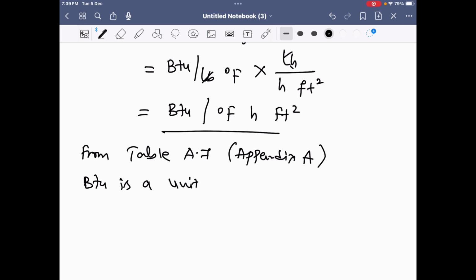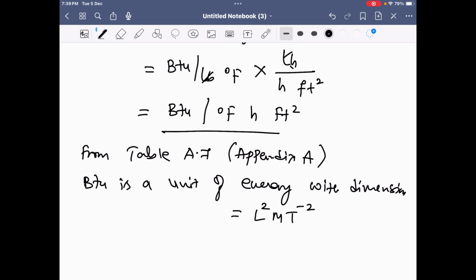We know that British thermal unit is a unit of energy, with dimension L square m T power minus 2. L is length, m is mass, and T is time, that is T power minus 2.